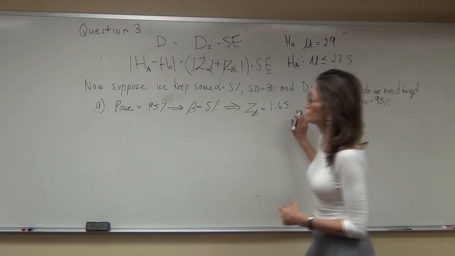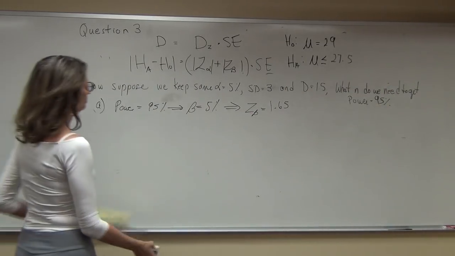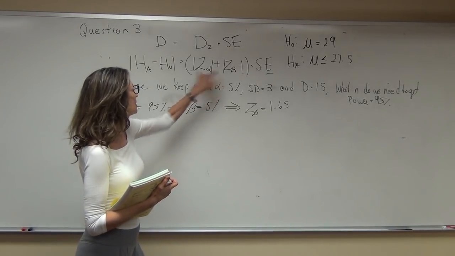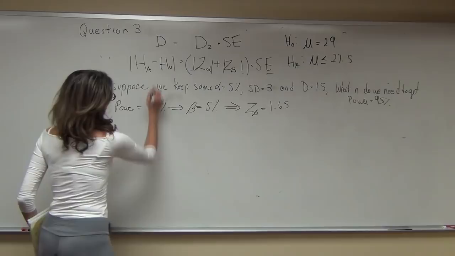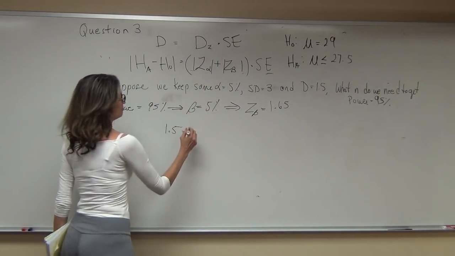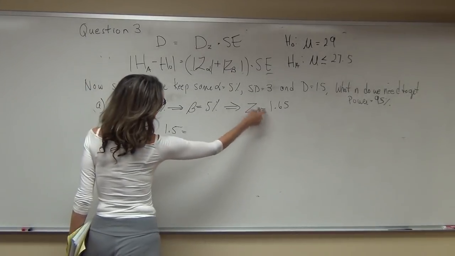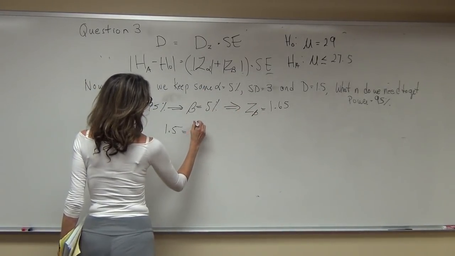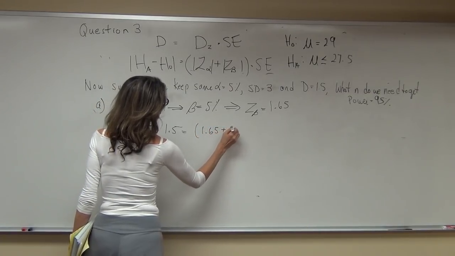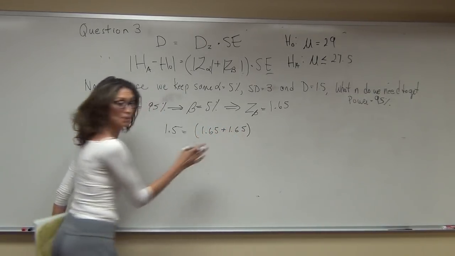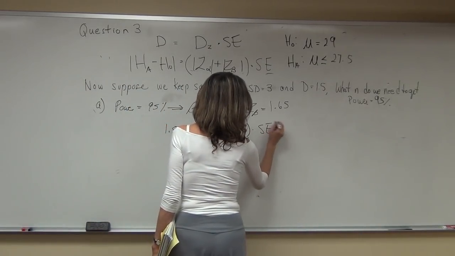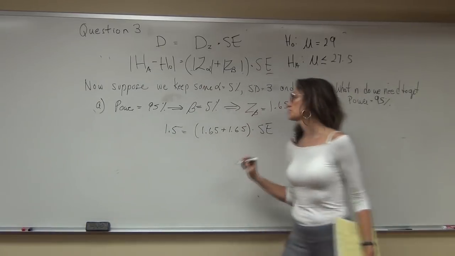So now we've got that, and now what do we have? Let's look up here. We have this and this now. We've got D is 1.5 still. Z alpha and Z beta together is 1.65 plus 1.65. They're both 1.65. And so now our standard error must be what? Let's just solve for our standard error.